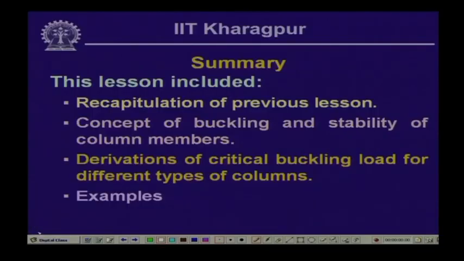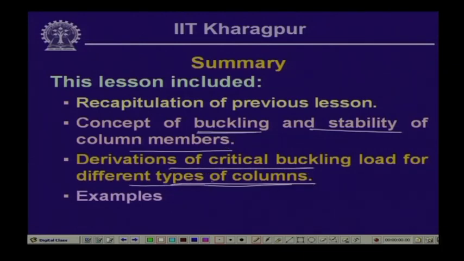Hence, to summarize, in this particular lesson we have looked into some aspects of the previous lesson. Also, we have introduced the concept of buckling and stability of different types of column members. We have derived the critical buckling load for different types of columns, in the sense that we have taken columns with different end conditions: either they are hinged, or you have fixed and free, or fixed and hinged, or fixed at both ends.